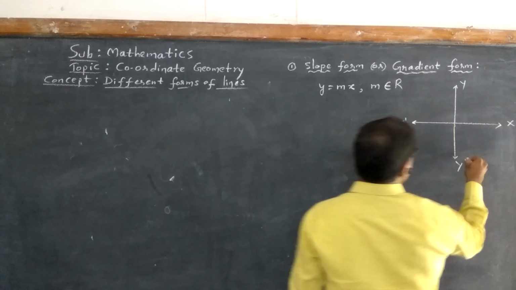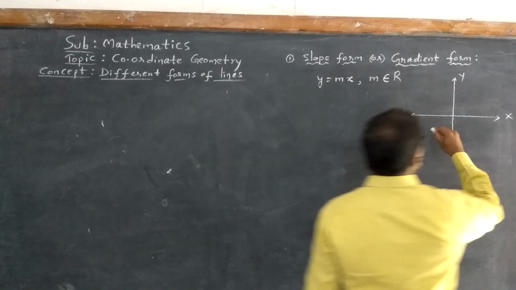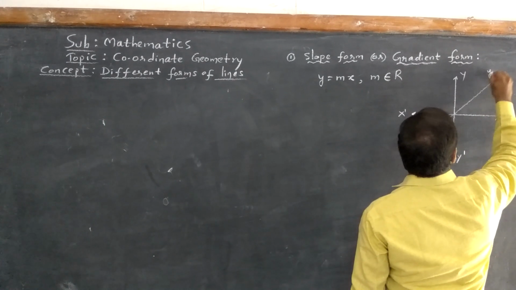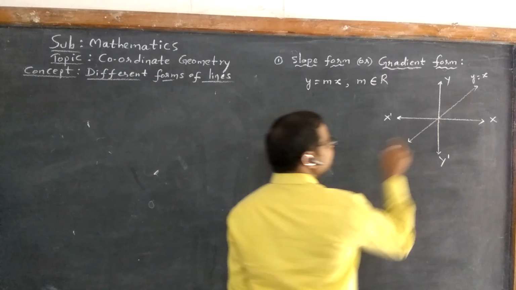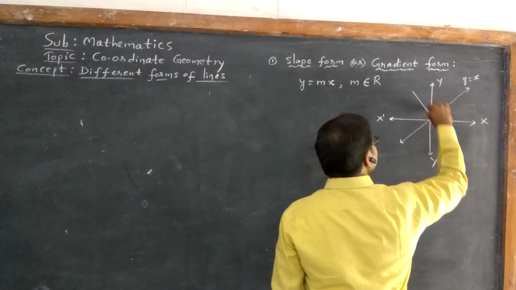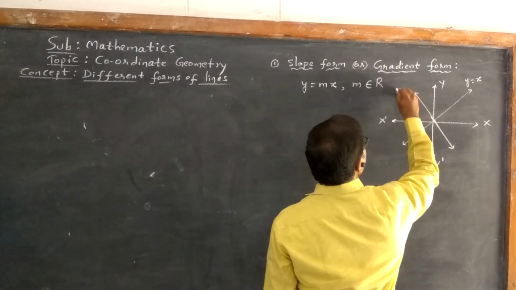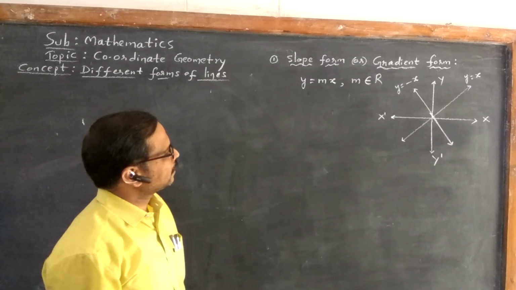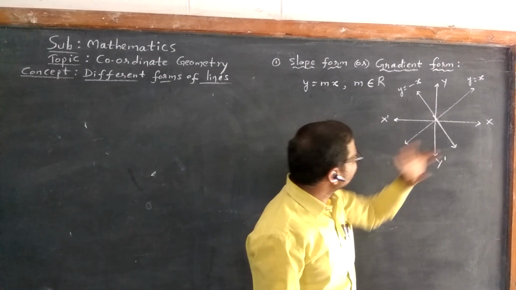Suppose if m is positive, it passes through, suppose it is y = x, lies in Q1 and Q3. Suppose if m is negative, it passes through like this, this is y = -x, lies in Q2 and Q4.